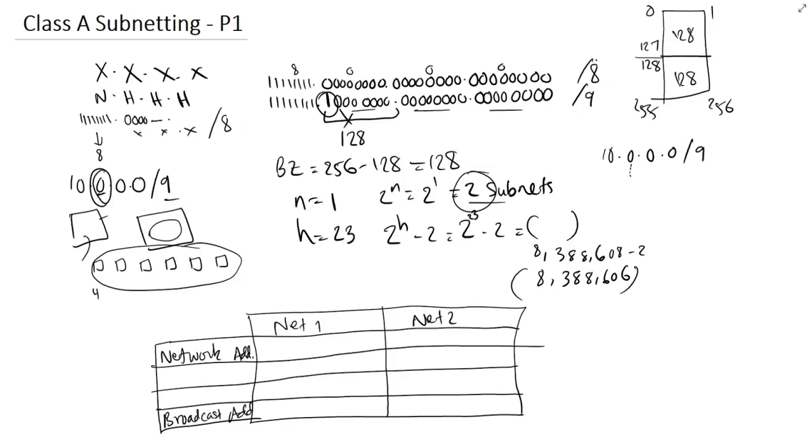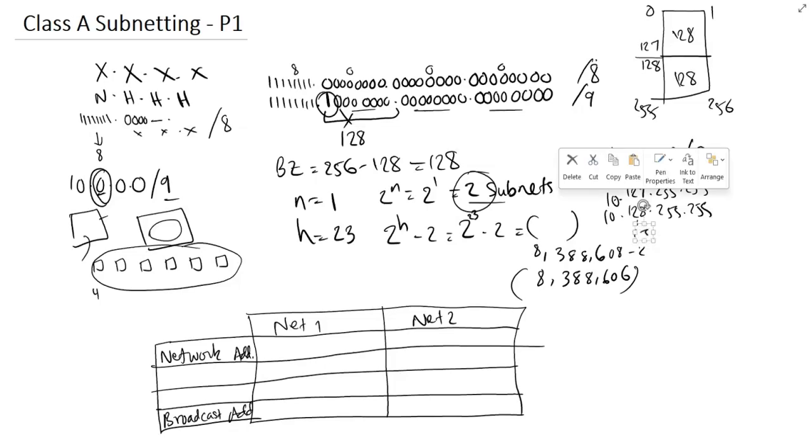This octet will continue until it becomes 127, and then the second one will become 128. So 10.128, and then whatever that IP, when it fills, it goes all the way to 255. That means this will continue until it reaches 255, 255, 255, and this is 10.